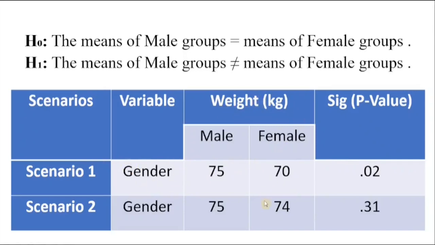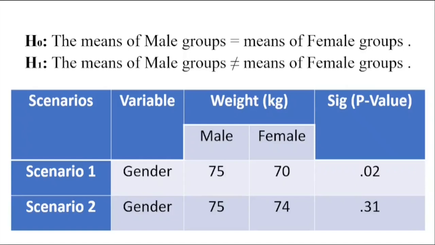By virtue of this, the statistical decision will be to reject the null hypothesis. In practical terms, this means the observed difference in weight is unlikely to have occurred by chance alone. Therefore, we reject the null hypothesis, which assumes that the means of both groups are equal.